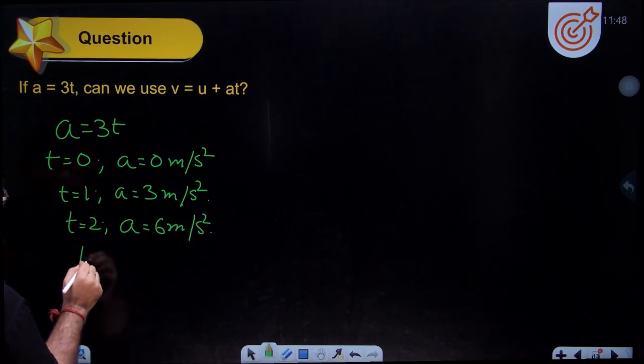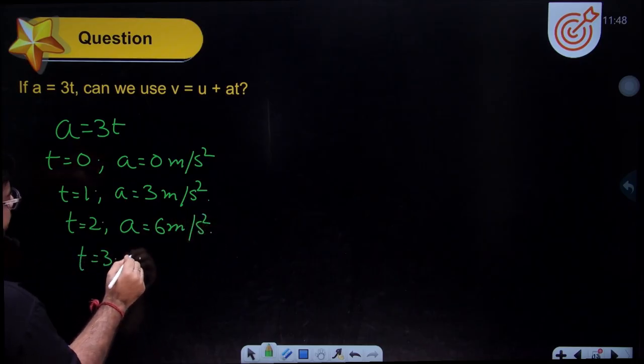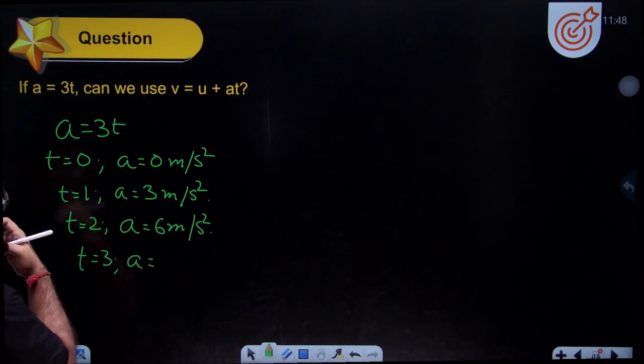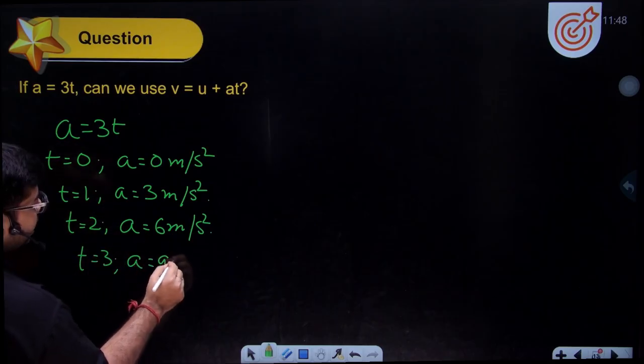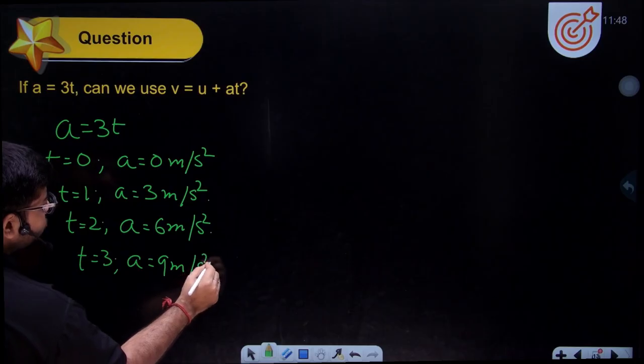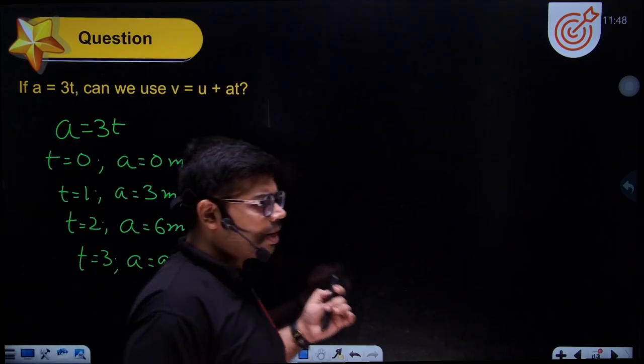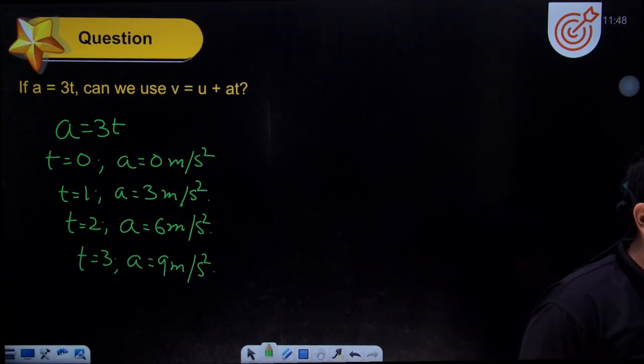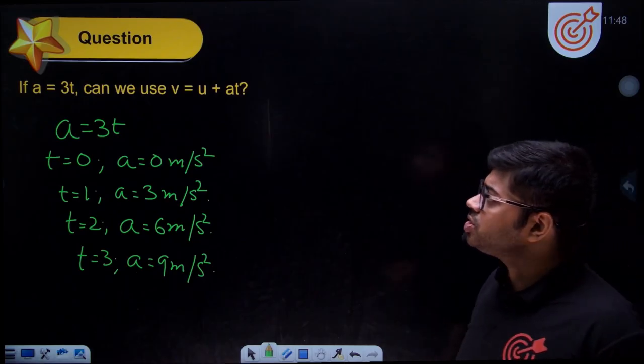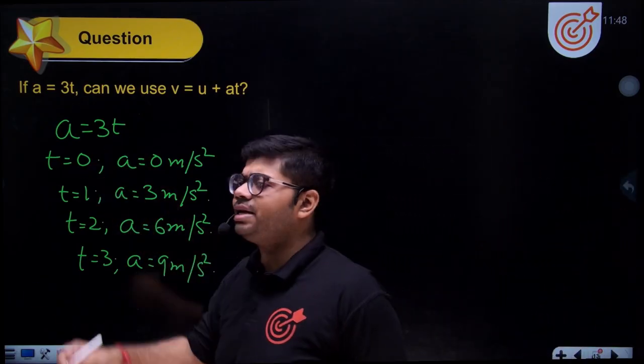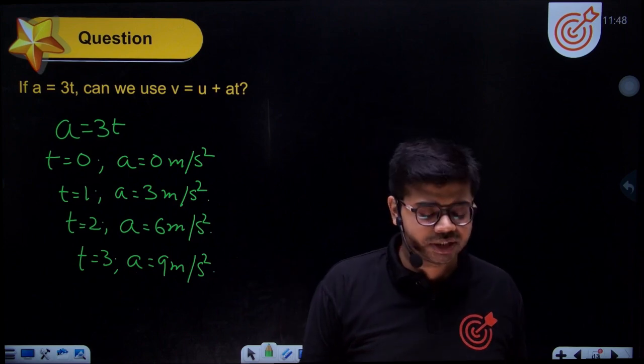When t is equal to 3, my A value is becoming 9. So you see A is nothing but a function of time. So A is not constant. A is changing with time.